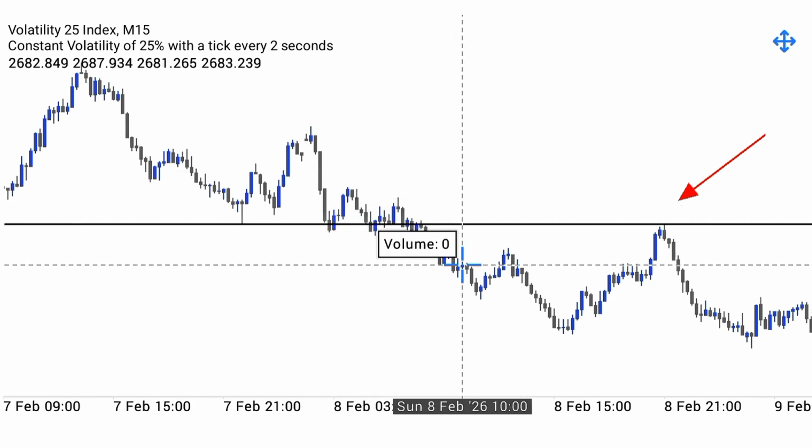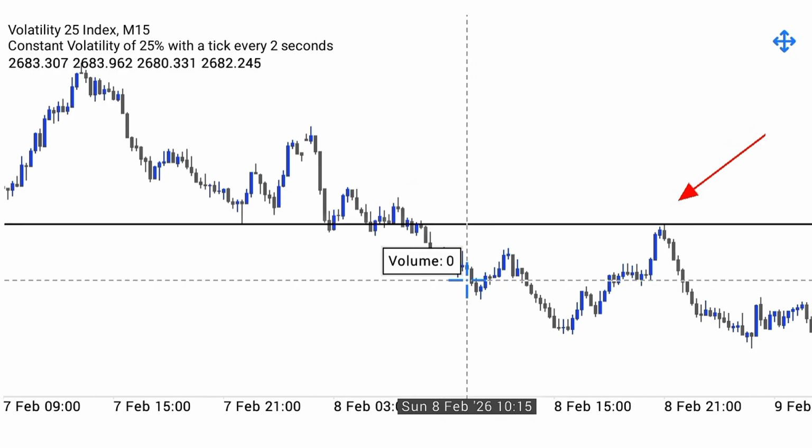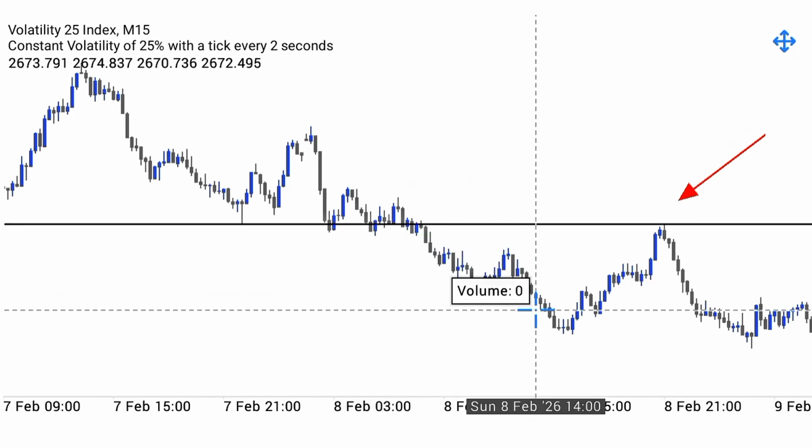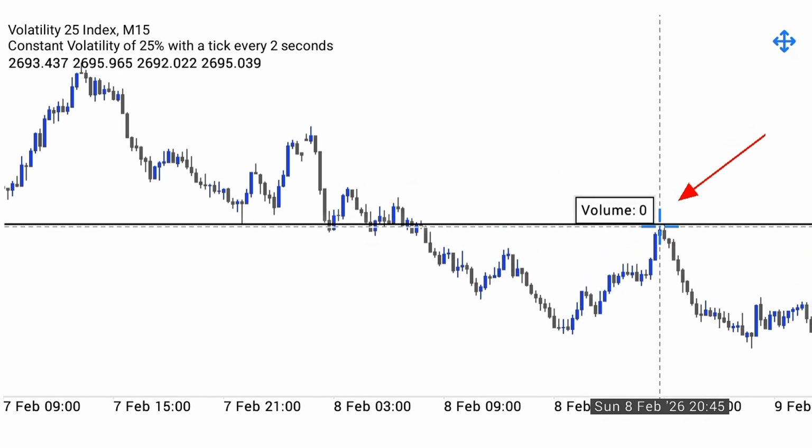So you see the market move down below this line here, and when it has moved down below the line, you know that the structure has been broken well. The next thing you do is wait for the market to return to the line.